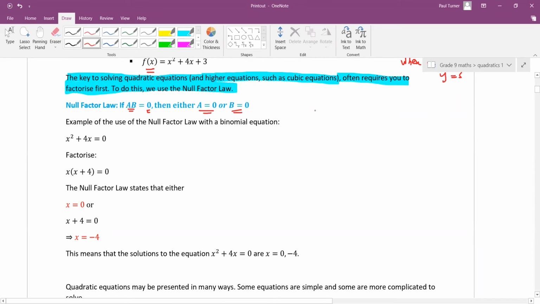So for example, if you had 3 times what equals 0, you can see that this must be 0, mustn't it? It can't be any other number. So this number in here has to be 0 to get a 0 answer. And the same if the number was in the front. 0 times minus 6 is 0.